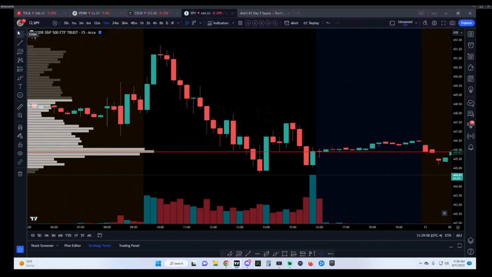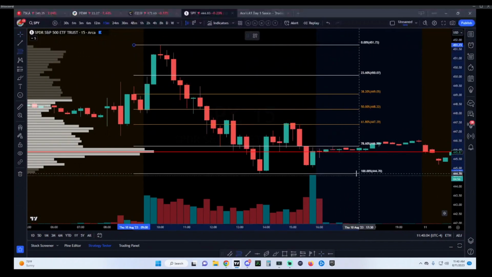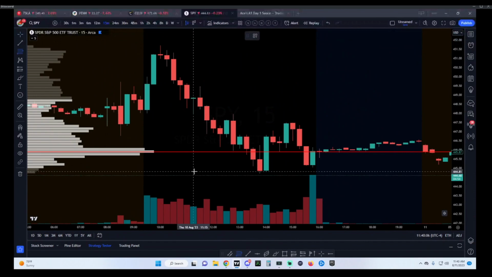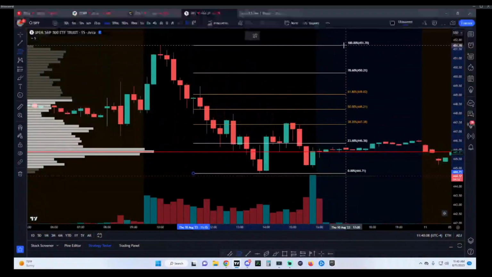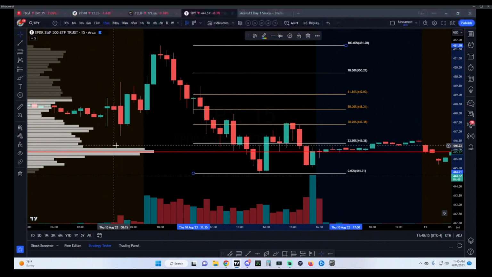But the reason why I do it like that, think about what a retrace even means, right? If I keep the same retrace, like everyone who keeps their 100 at the top at all times, it doesn't make sense for a bearish move, right?